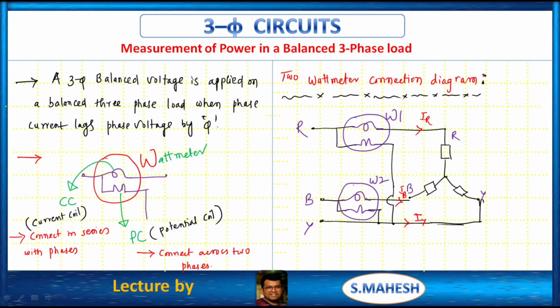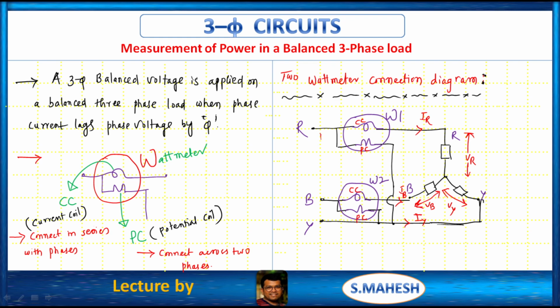And this is CC, this is PC. And this is VR, phase voltage, this is VY, this is VB. So the phase voltages are completed.